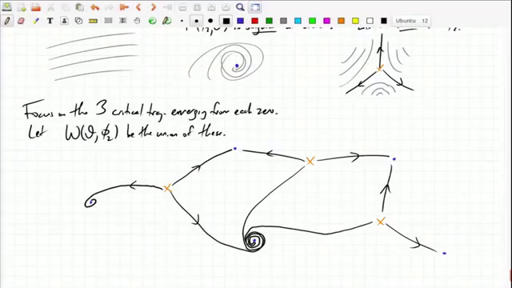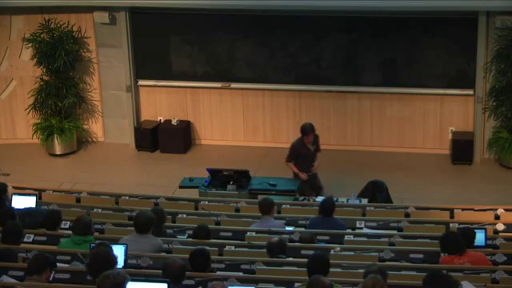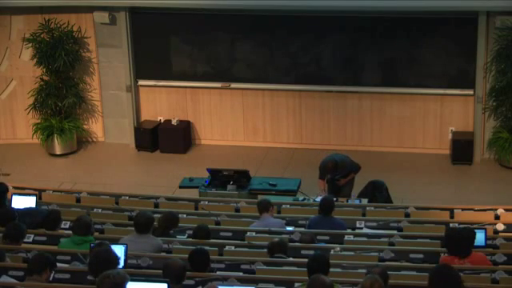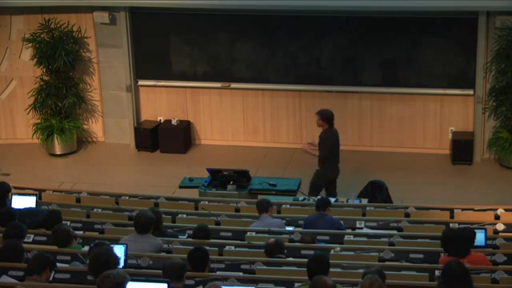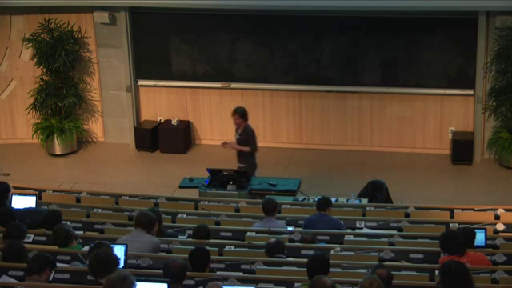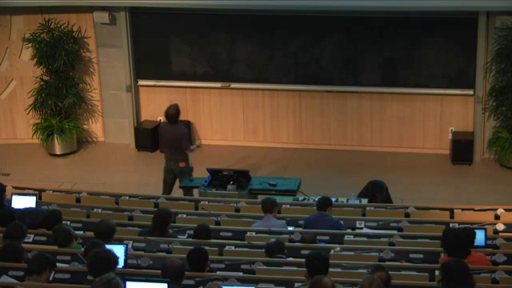Now, what is the physics of this picture? The physics of this picture is that these trajectories are the walls of marginal stability for the framed BPS states. So remember, to every open path, there's some BPS spectrum attached, the spectrum of framed BPS states.